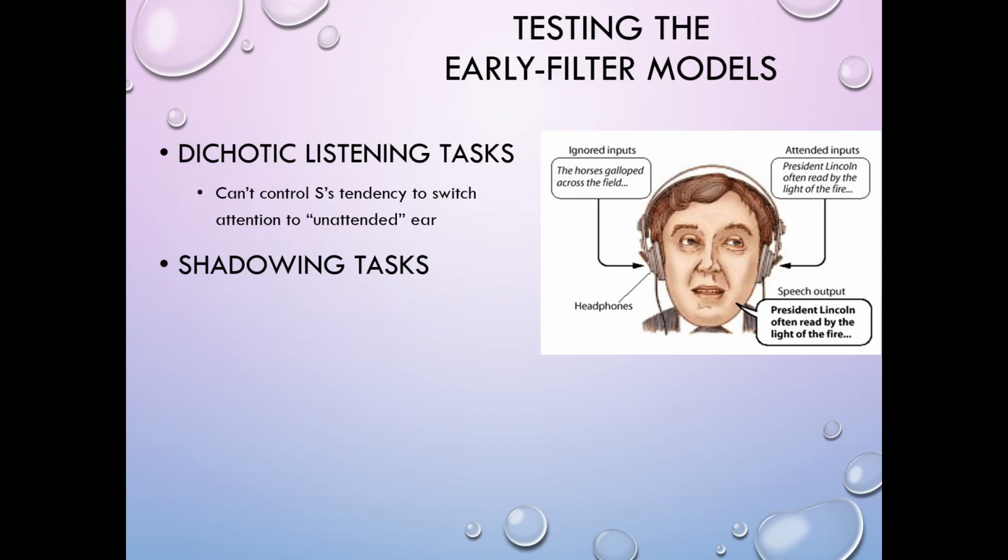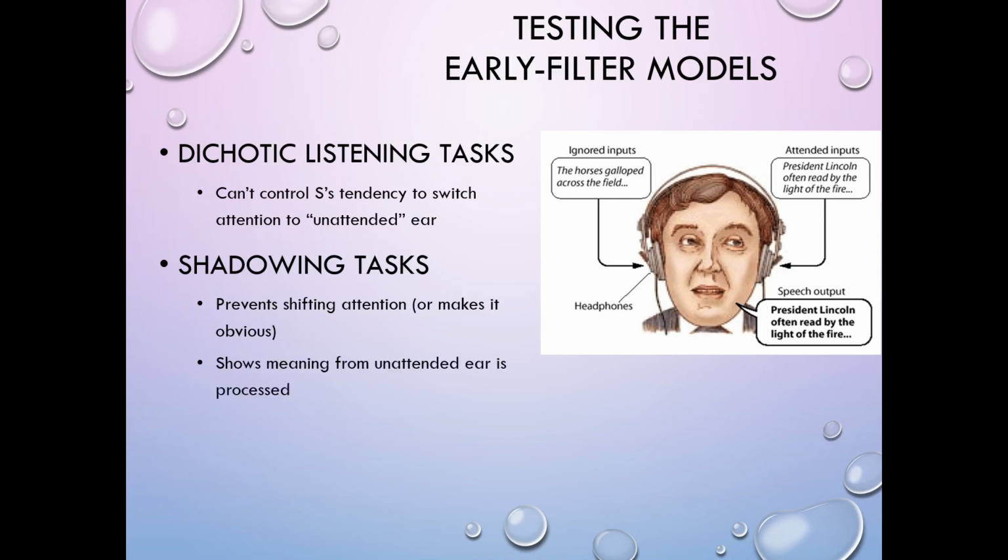So they're probably one or two words behind the input as they're trying to say it out loud, plus attend to what words are coming up next. Very effortful task, and they probably have to pay a lot of attention. This really helps to prevent the participant from shifting attention. If they do shift attention, it makes it really obvious, because the person might be saying, President Lincoln often read by the light of the fire across the field, and then you'll know that they switched because they accidentally said something from the unattended ear. So it makes it possible to control what they're paying attention to.